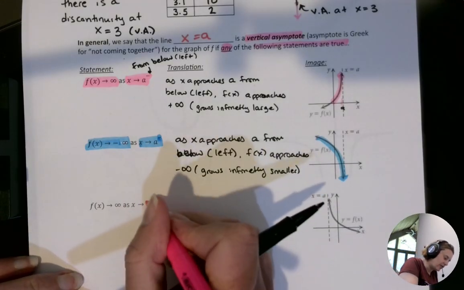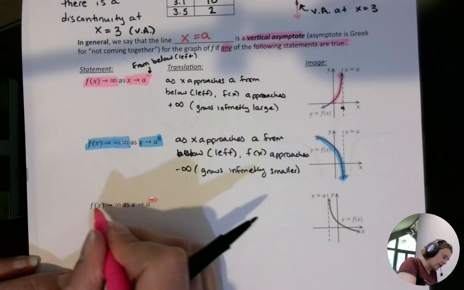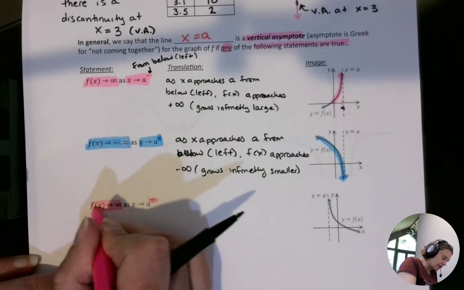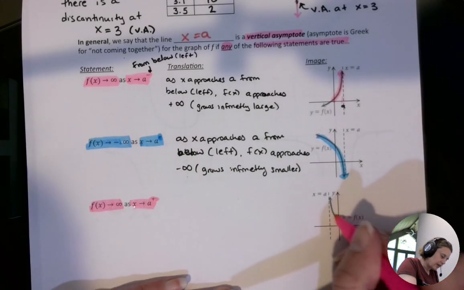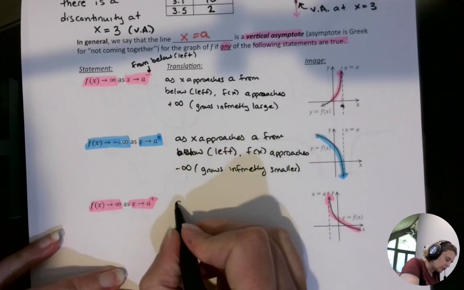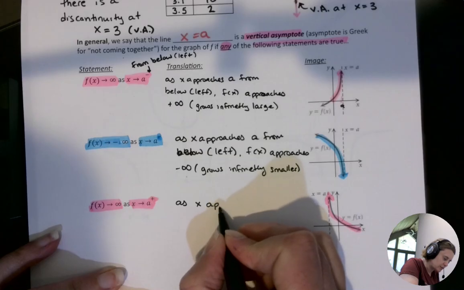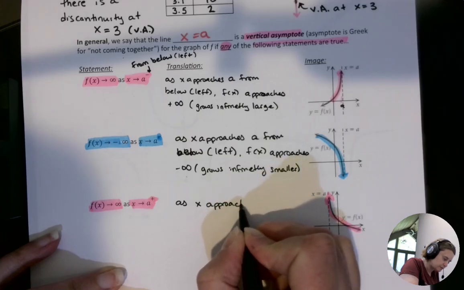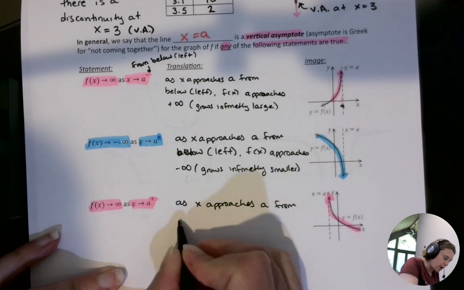As we see, this x is going to approach a on the right-hand side, above. And so we're approaching positive infinity as x approaches a on the upper side. So this is the right-hand side. We would read this as x approaches that value a from above.